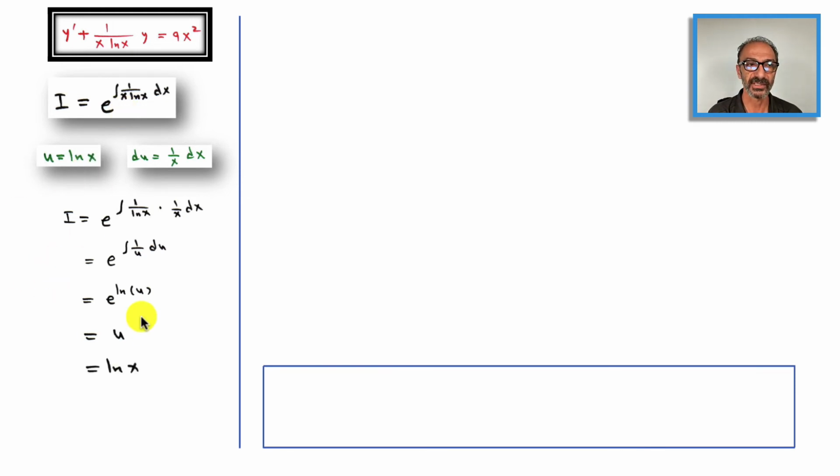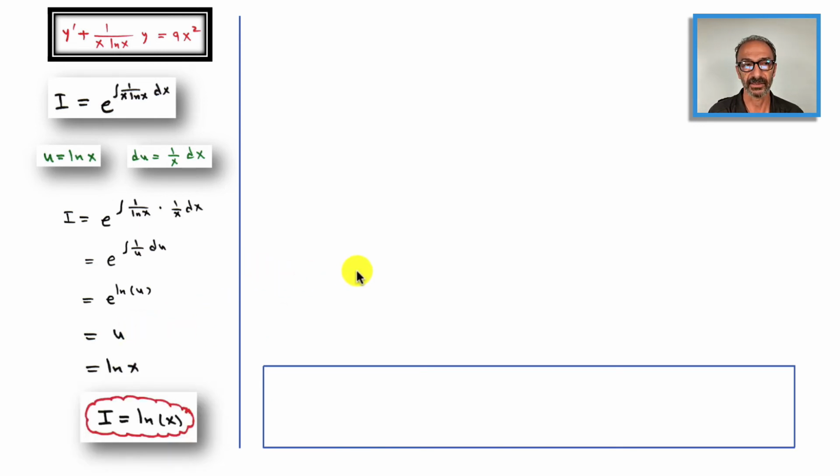Okay, to summarize that, we came up with the following, which is a great step, because once you identify I, once you find it, you're almost done. You just go back to the main formula, which is I times y equals the integral of I q dx. So I is ln x.